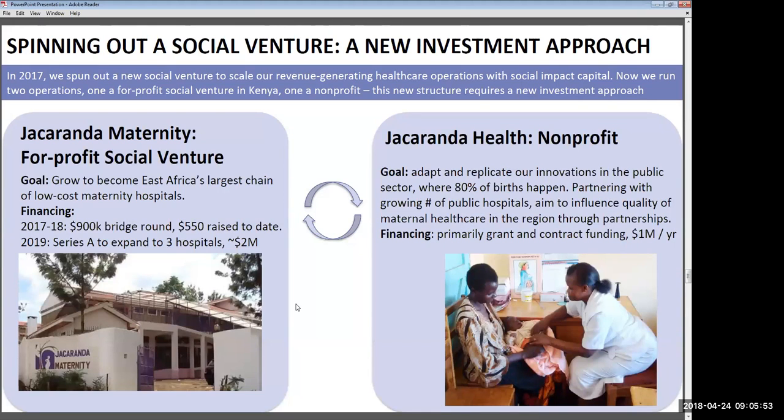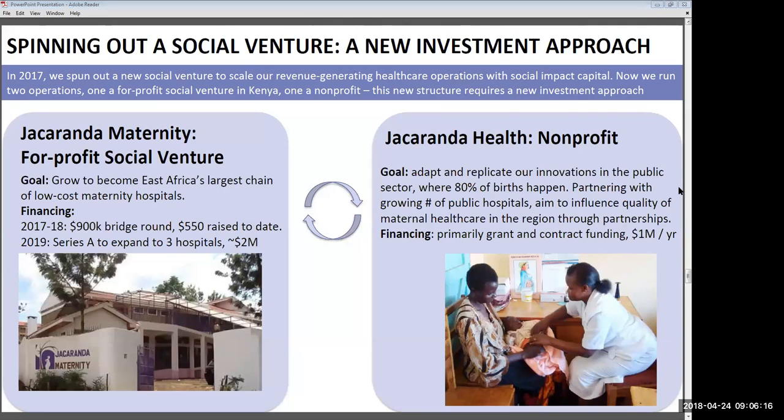Right now, it's our flagship maternity hospital, and then we have the other side of the organization, which is a nonprofit, which is going to continue to be financed by public and foundation funding. Each of those has their own path to scale, and I'm going to talk a little bit about the for-profit spinoff, because it's most relevant to the conversation here.